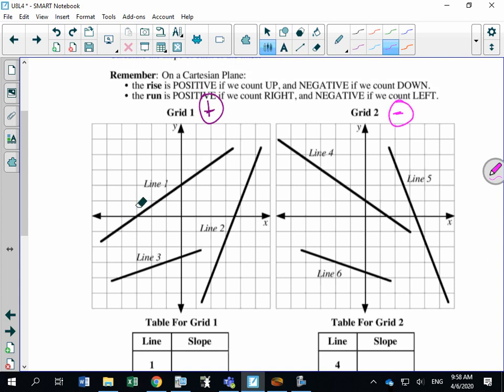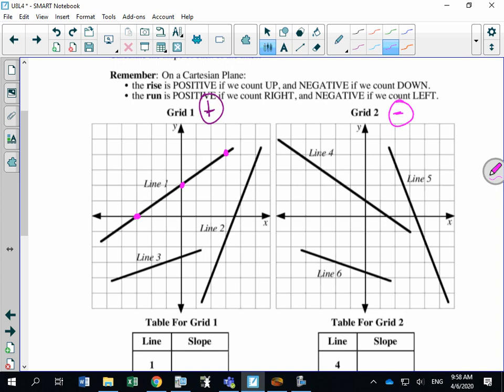Now, I can't use the endpoints here, right? Because they're not good endpoints. You have to pick points on your line that have coordinates that you could clearly see. So for example, I could pick that point and this point, right? This is another point I could pick.